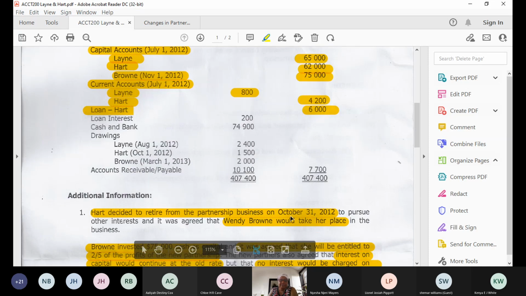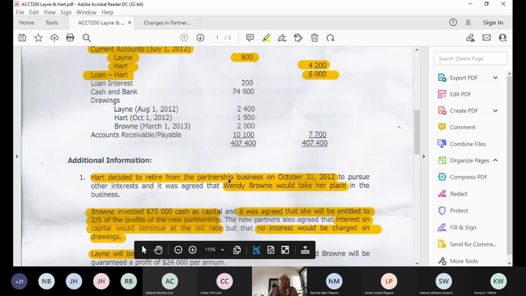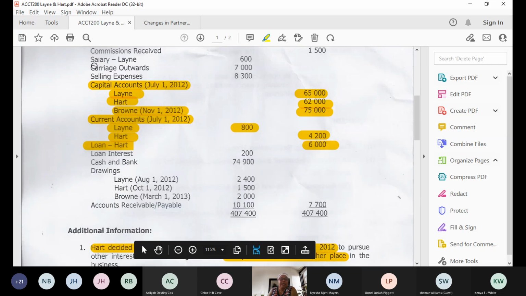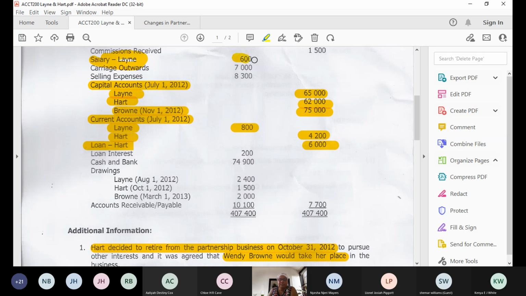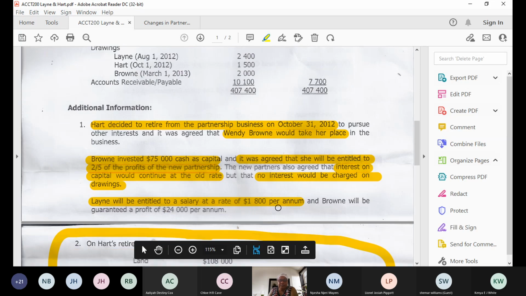Okay, so Layne is entitled to $1,800 a year for salary. And take note that it says here Layne got $600, because this is in the trial balance, right? So it's entitled to $1,800 a year.